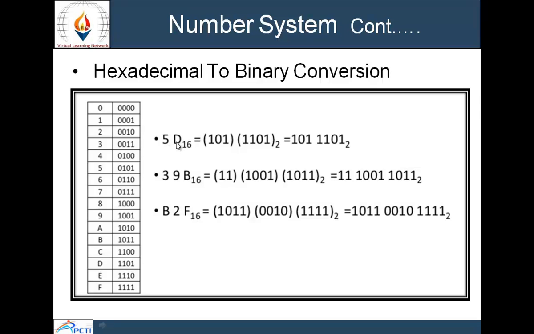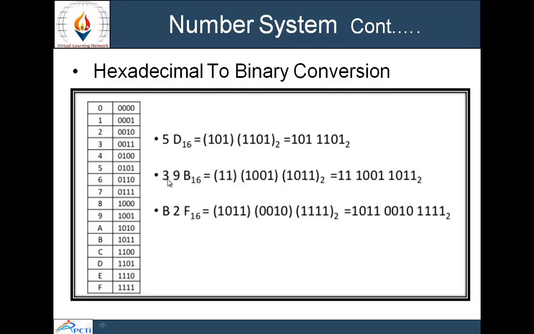For example, the four binary digits of D is 1101, and the corresponding digits for 5 is 0101. And by this way, you can get the corresponding binary number of 5D base 16.